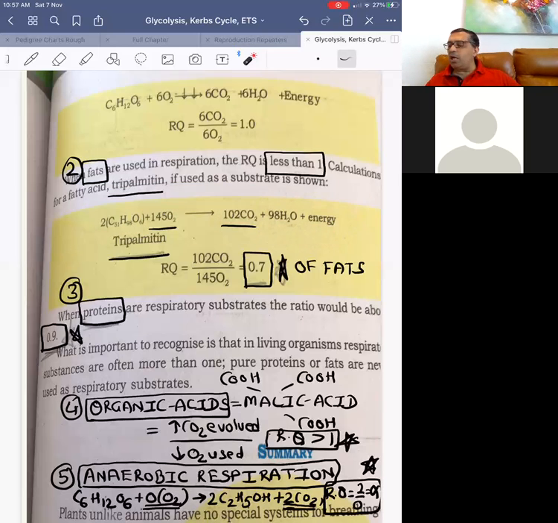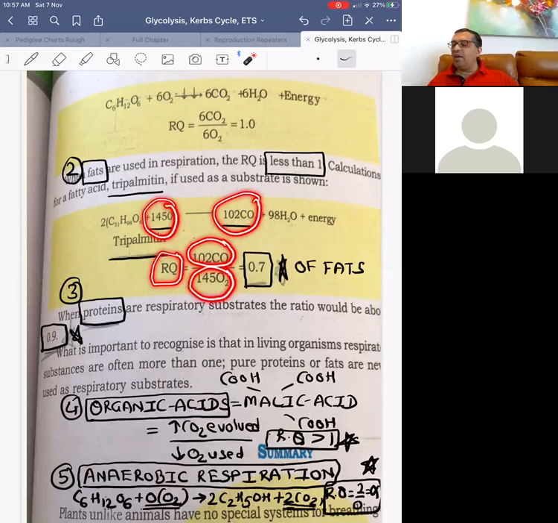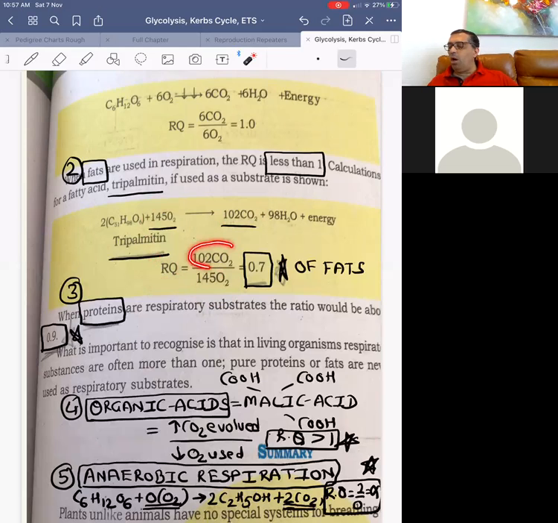So how much will be the RQ? RQ will be the amount of CO2 evolved, which is 102, upon the amount of oxygen used, which is 145. How much is the numerator? 102.